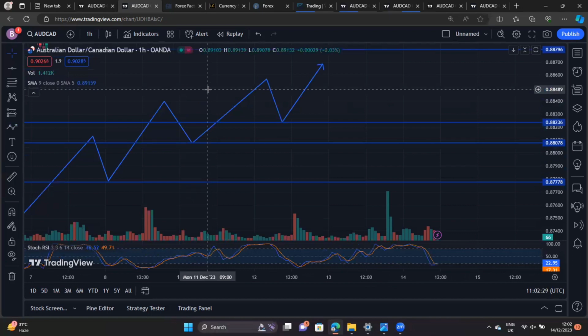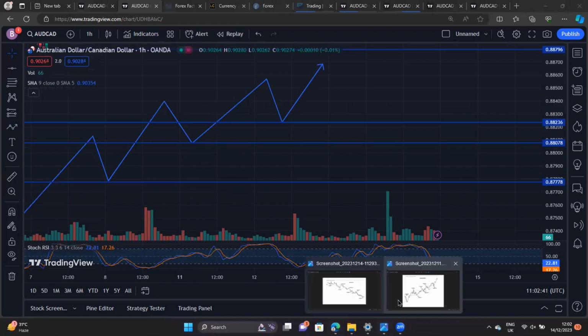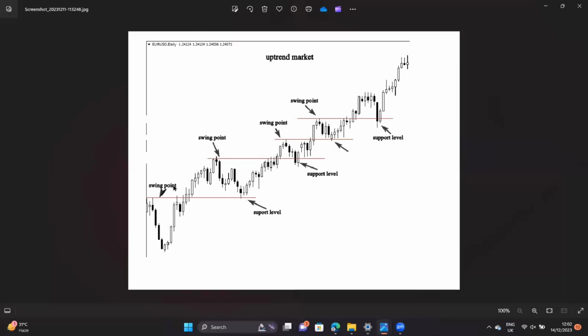Okay, so in a trending market, support and resistance are formed from swings. I already showed you what a swing could look like. We have a swing point, and the swing point becomes a support, and then the swing point becomes a resistance.